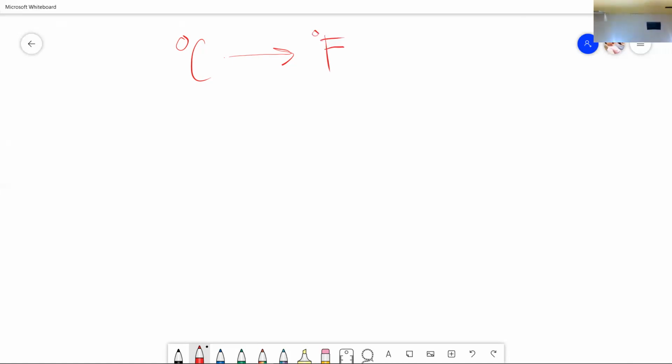From the equation, degrees Celsius is equal to 5 over 9 times the amount of degrees Fahrenheit minus 32. To convert that, you should first know the amount of Fahrenheit.